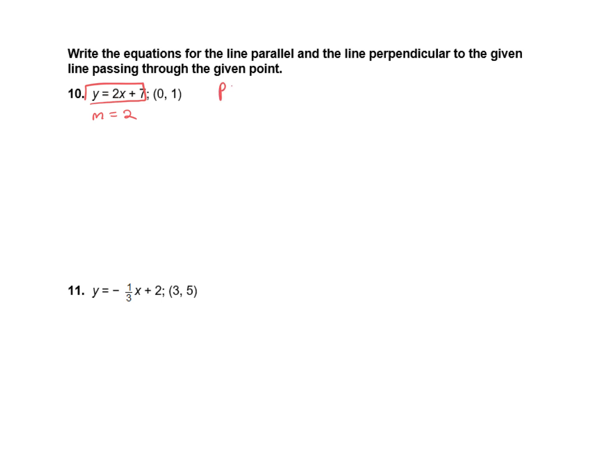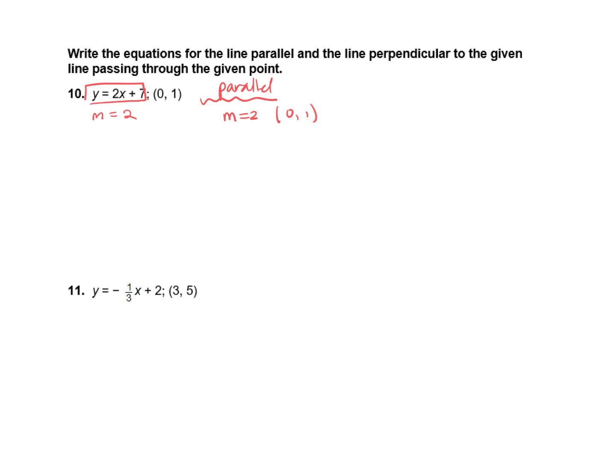That's slope-intercept form. The slope is the number in front of the x. So a parallel line, we'll do parallel first, is going to use the same slope. So we want to use a slope of 2, but with that ordered pair of 0, 1. Now, one thing is if we notice, hey, this is the y-intercept. If you were to plot the point 0, 1, you would go up 1 on the y-axis and plot your point.